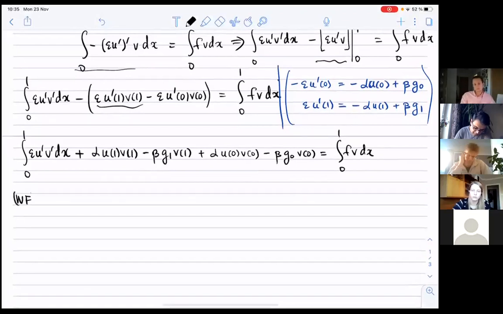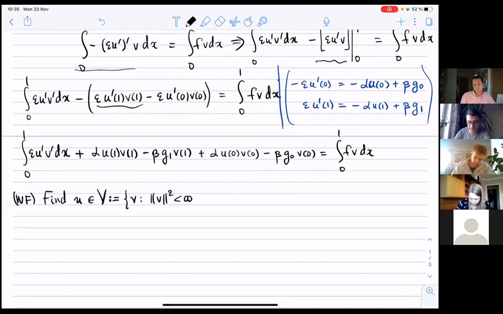So weak formulation: find u from the space V, capital V. So this space is defined. V should be square integrable, so the norm of V squared should be bounded. And V prime squared should be integrable.